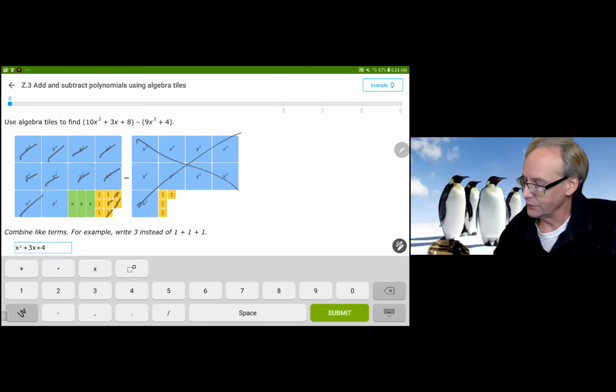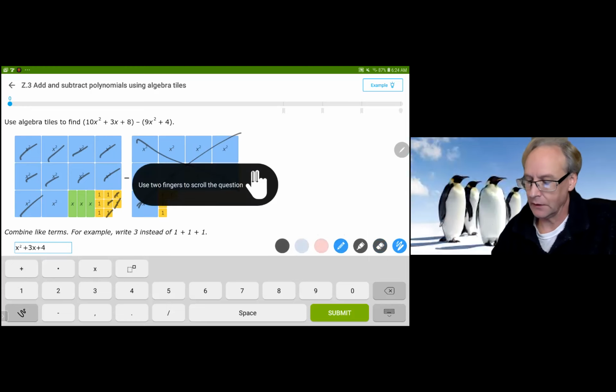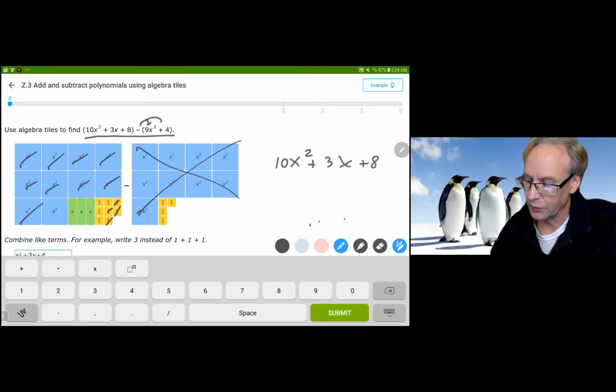Of course, if we were doing this using our terms up here, we would use 10x squared plus 3x. Darn it. All right, fine, I'll scroll there. There, I did it. 3x plus 8. And this negative is being distributed to both of these.